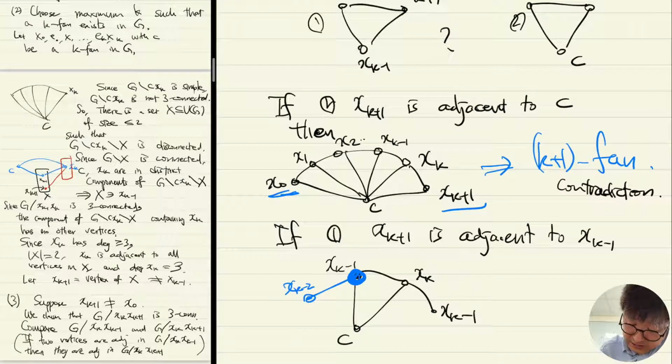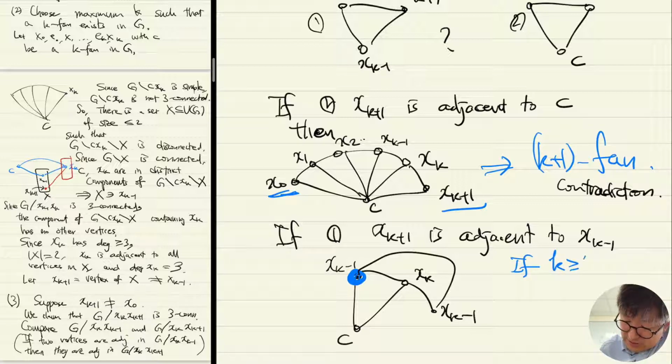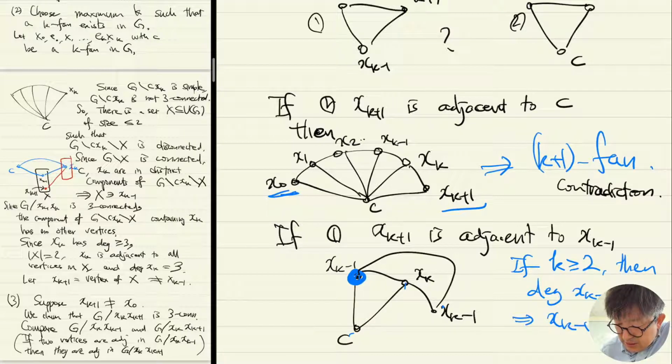And I knew that if k is at least 2, then the degree of xk minus 1 was 3. So these 3 are all the neighbors of xk minus 1, which means that xk minus 1 is equal to xk minus 2, which is impossible.